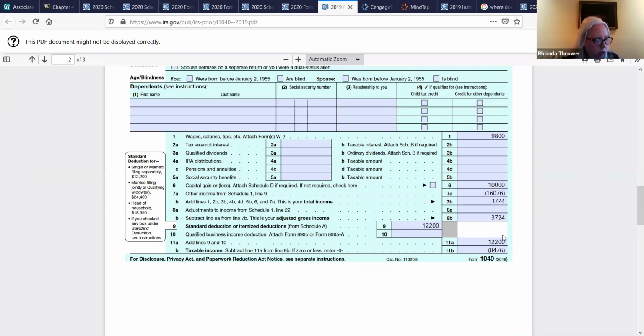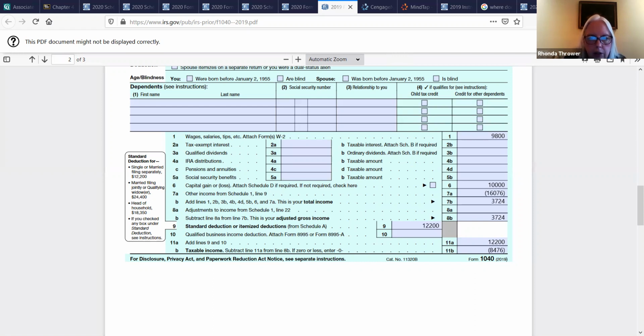The modified adjusted gross income, you just have to figure, and that came from the wages plus the amount of the gain on Schedule D. If you add the two of those together, it gives you 19,800. So going back to form 8582, this line right here is 19,800.